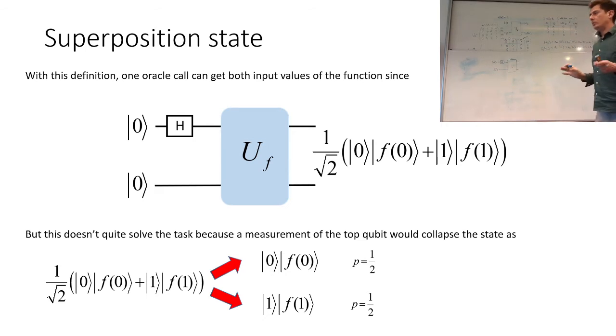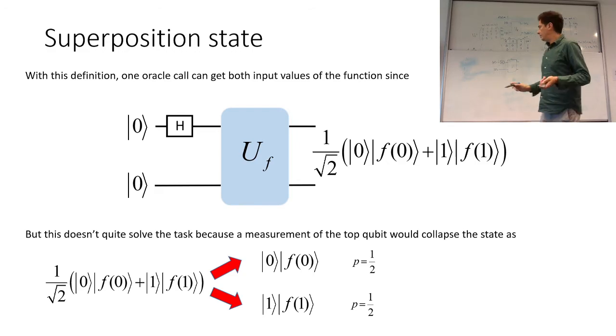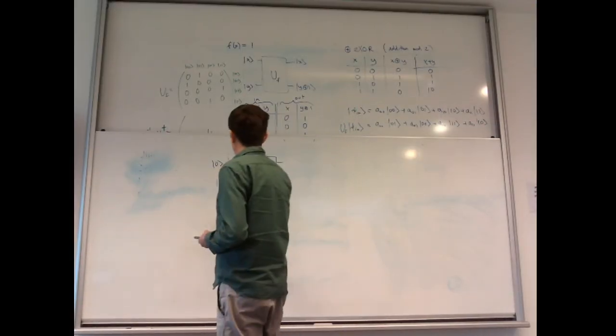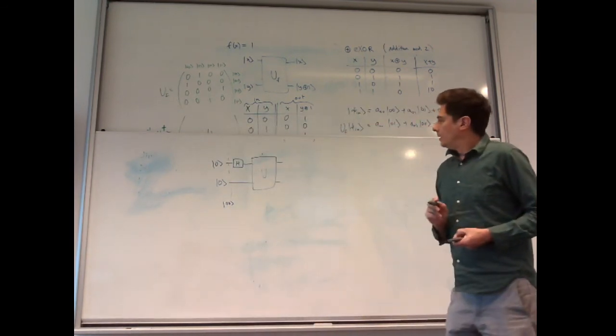As with any quantum circuit, you just look at what the state is at various times. So right at the beginning, the input state is 0, 0. At this point, I'd write the state like that.